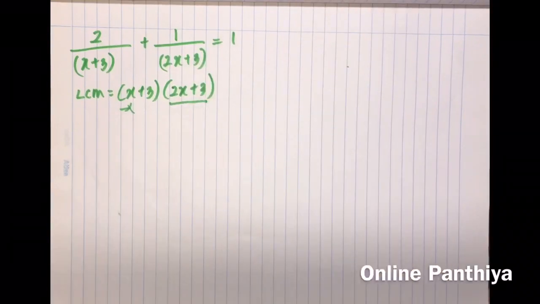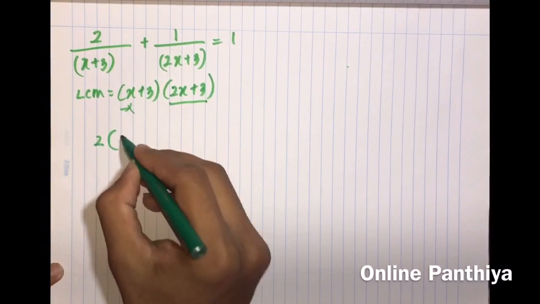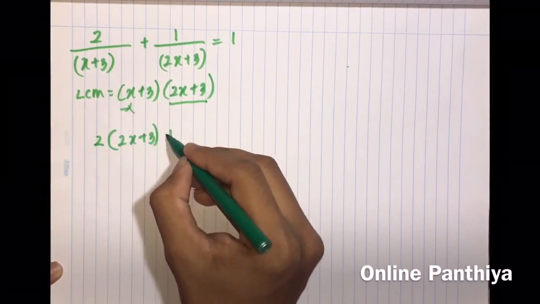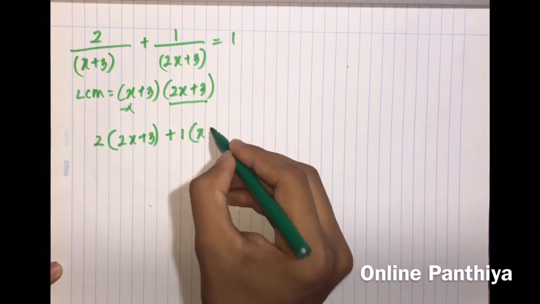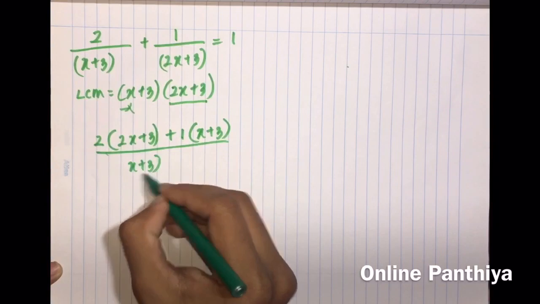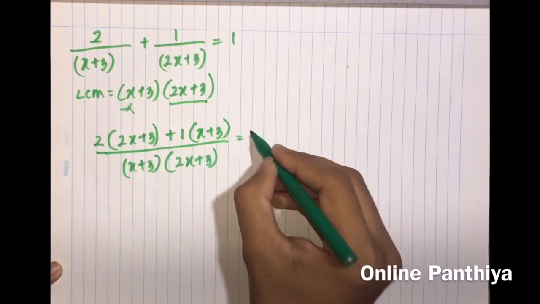We did an example like this, so I'll quickly do this part. That is correct, right? Plus 1 you have to multiply by x plus 3, and the common denominator is x plus 3, 2x plus 3 is equal to 1.